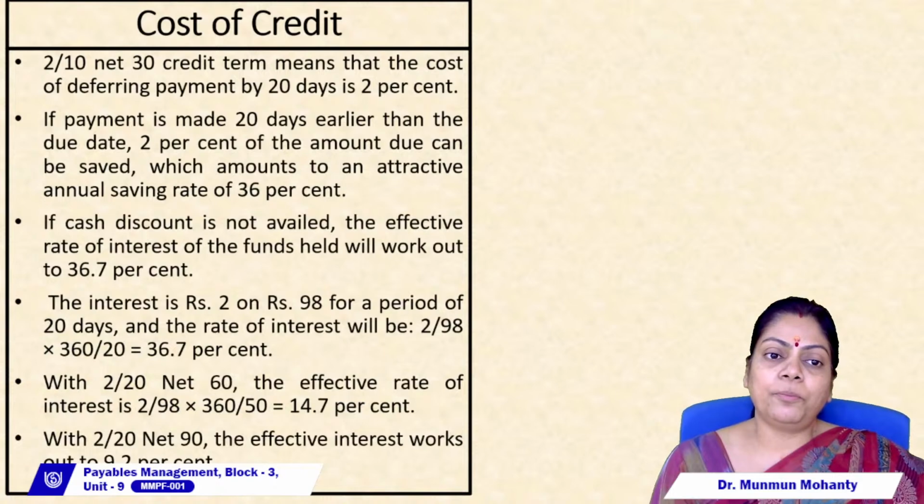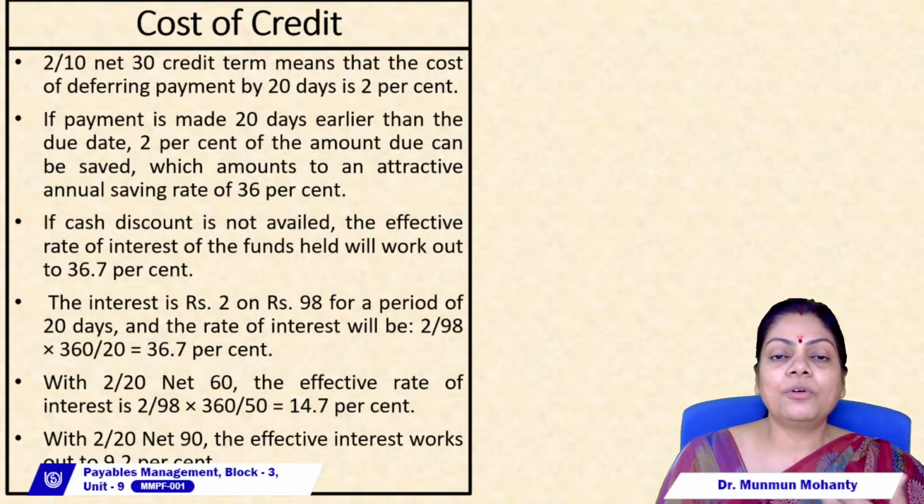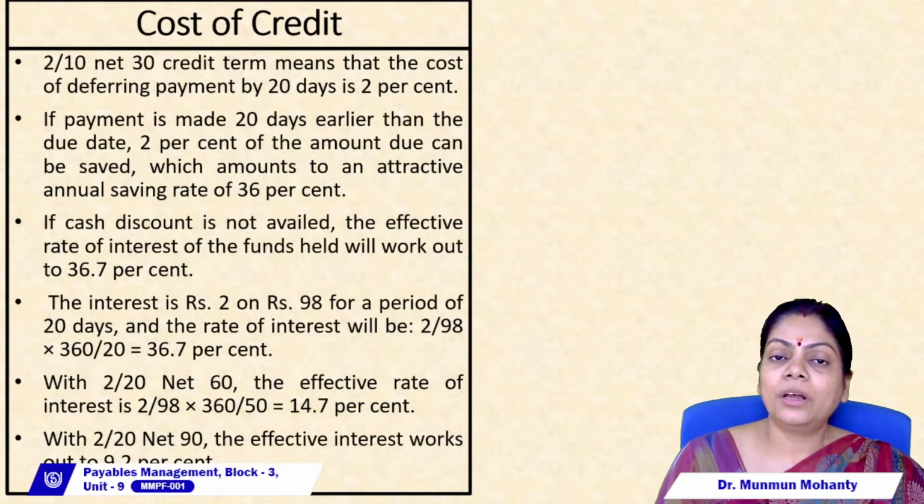Now, the point is, how much could you have saved on an annual basis? If the payment is made 20 days earlier, then 2% can be saved. Now, for 360 days, how much can you save? That is 2% into 360 days by 20 days, which is 18 into 2.